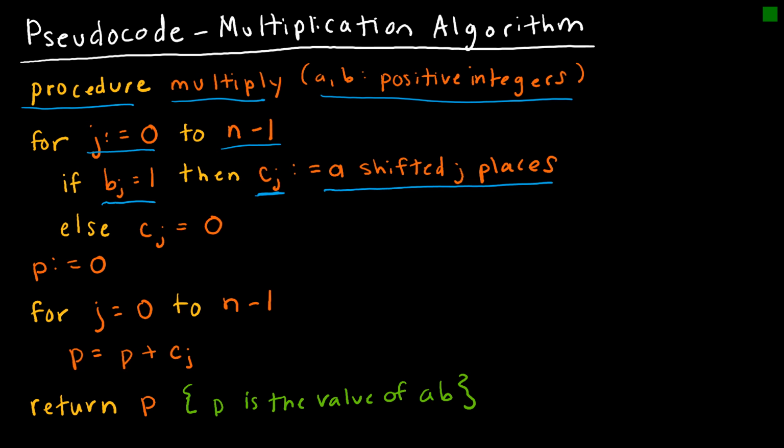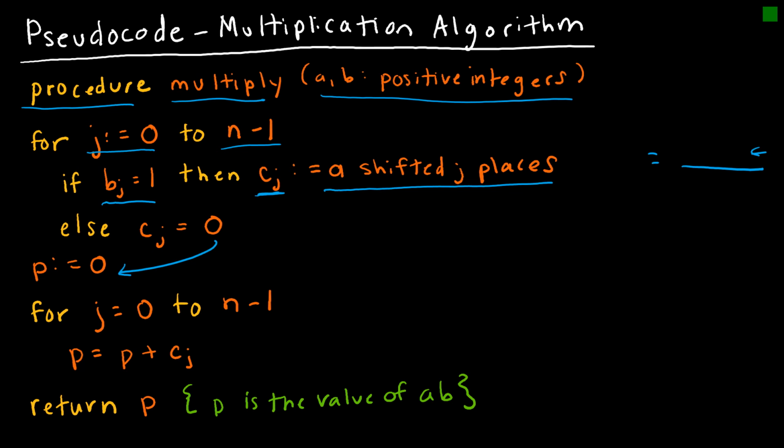So cj is equal to a shifted over that many places. Otherwise, we get 0, and p is 0, p being the product of ab.